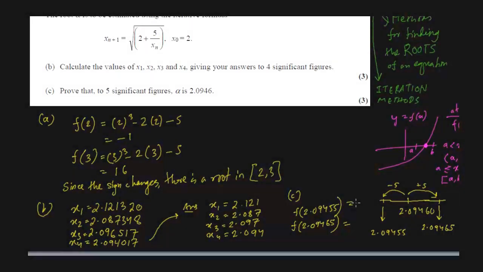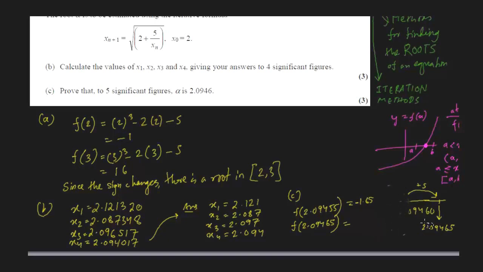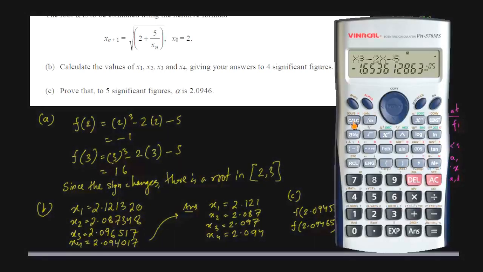So this is minus 1.65 times 10 to the power minus 5, which is negative. Now let's put in the next value, calc.